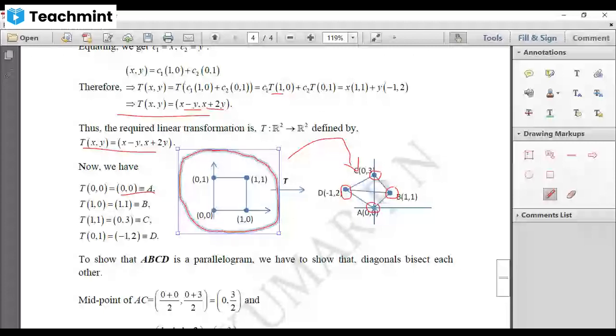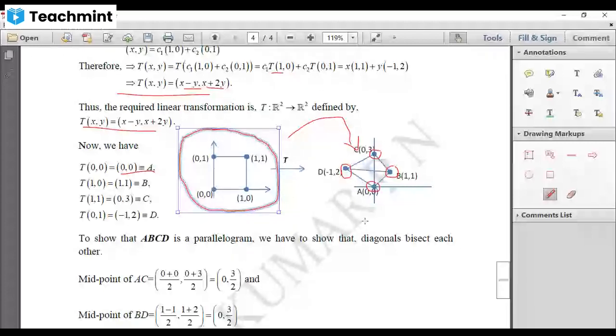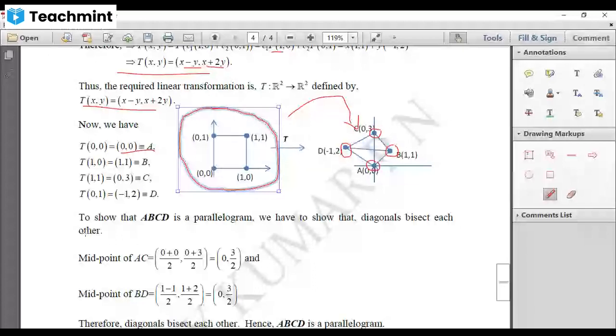Now, how do we say that this is a parallelogram? We know the condition is that the diagonals should bisect each other. Only then does this form a parallelogram. For that, you have to find the midpoint of this diagonal and the midpoint of the other diagonal. If they are equal, then the diagonals bisect each other.